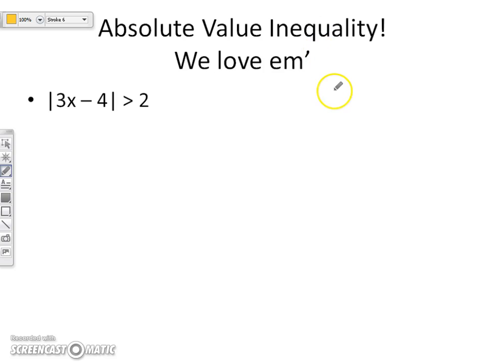Okay, absolute value inequalities. These are back from Unit 1, and I highly recommend that you do a little bit of reviewing on them before tackling the final exam. Remember, what you have to do is split them up to reflect both because absolute value is a distance from 0.